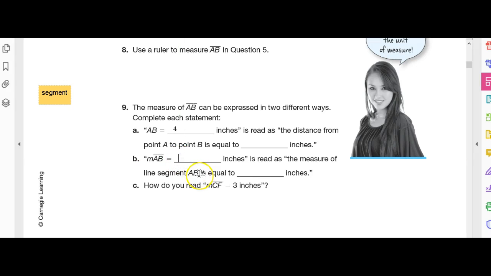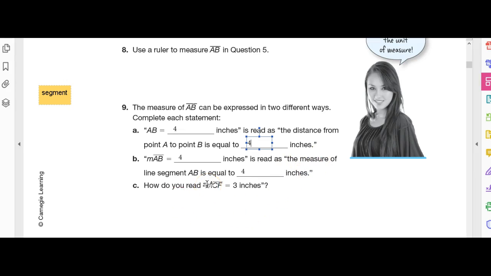There we go, it should say 4 inches there, so the measure of the segment is 4 inches. And this one right here, the distance between them, was also 4 inches, or whatever you measured it out to be. So how would we read this? Is this talking about the segment? Is it talking about the distance between two points? Or is it talking about the property of the segment, which is its measure or length?